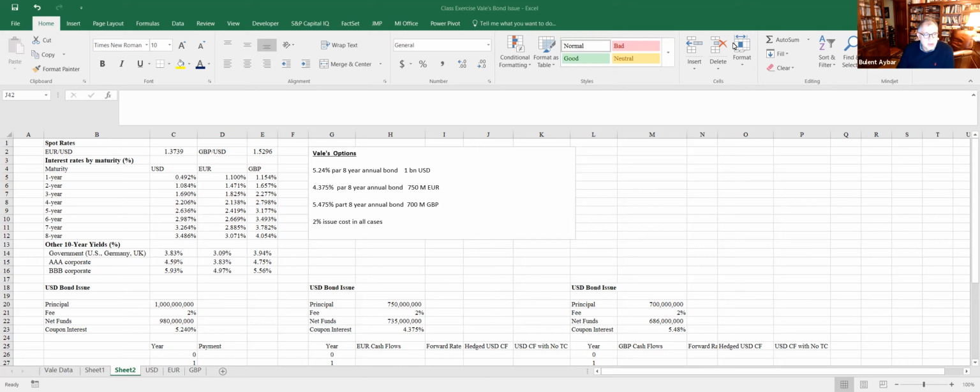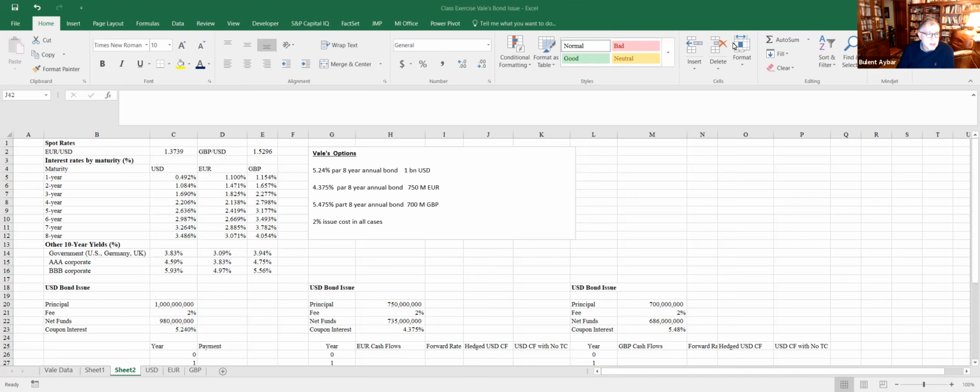The 1-year interest rate, for instance, in US dollars is 0.492% annualized. The 2-year interest rate is 1.0884% annualized. And the 3-year interest rate is 0.169%, again annualized. And all of these interest rates are expressed in annualized terms.